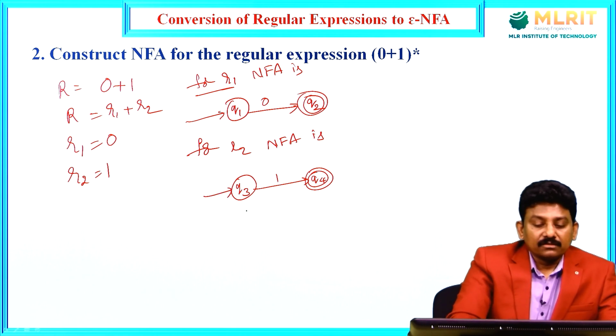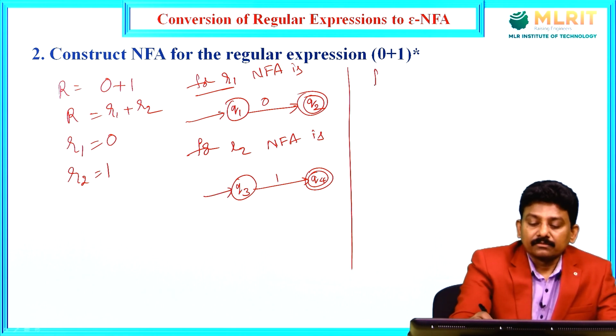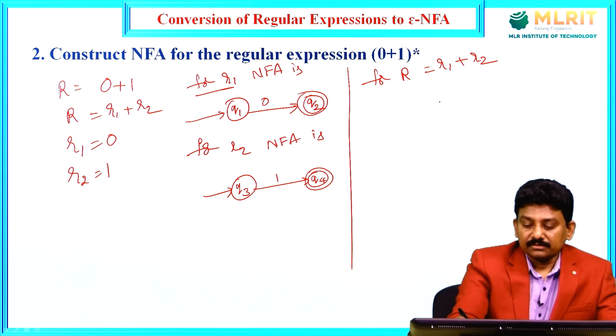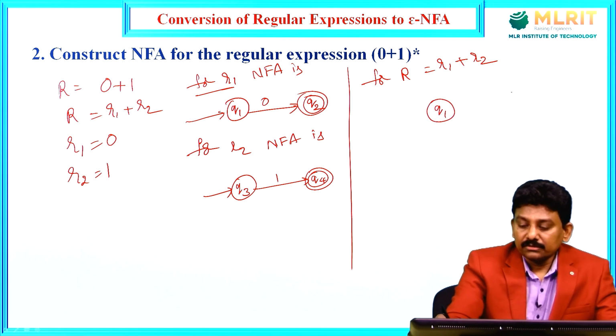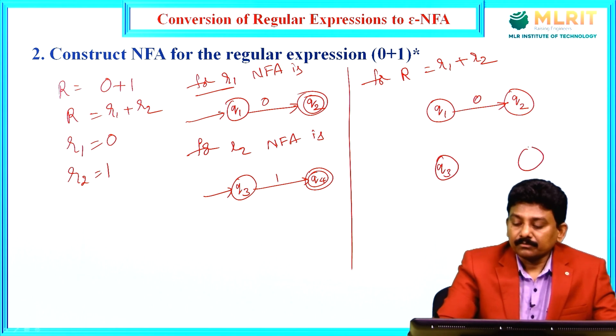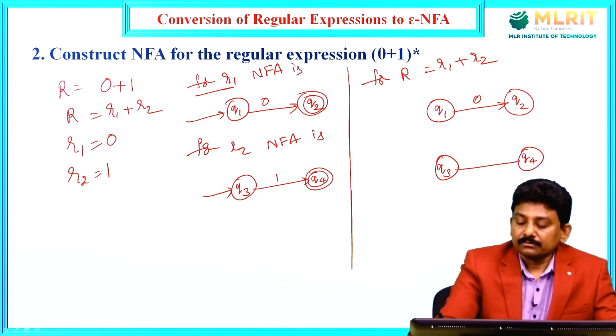Then for R, that is R1 plus R2, the union case: Q1, Q2, Q3, Q4 with 1.